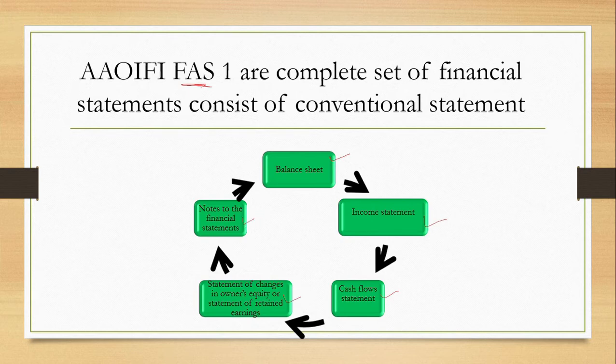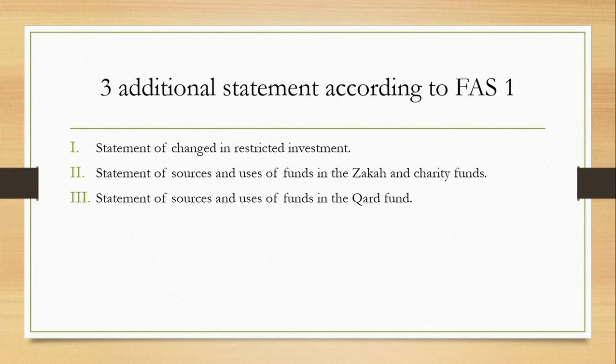So it is more or less the same as IASB. But there are 3 additional statements according to FAS 1, which are the statement of changes in restricted investment, statement of sources and uses of funds in the zakah and charity funds, and statement of sources and uses of funds in the qard fund. Because we have to pay zakat, so there has to be a statement for it, and also these other additional statements which are not in the IASB standard framework.